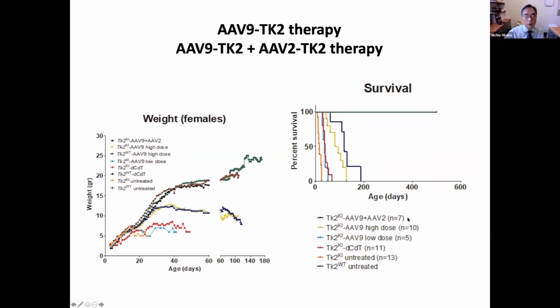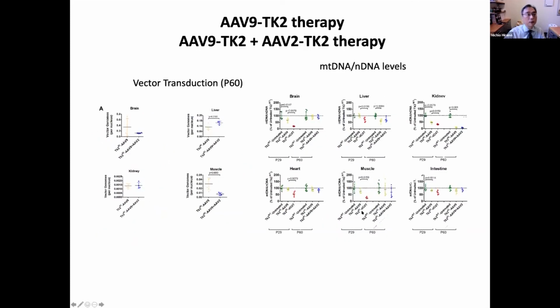And we do see that there's not great expression or transduction of this combination therapy in kidney, but there is, we think, a slight effect. We noticed that between days 20 and 29 in the AAV9 alone treated mice, we see proteinuria in the mice.